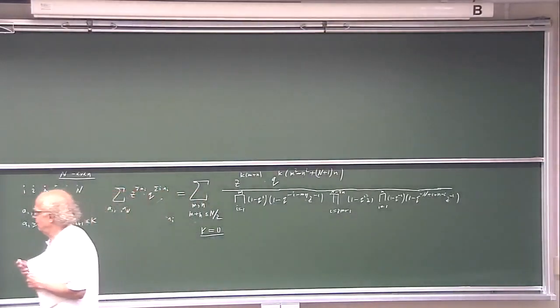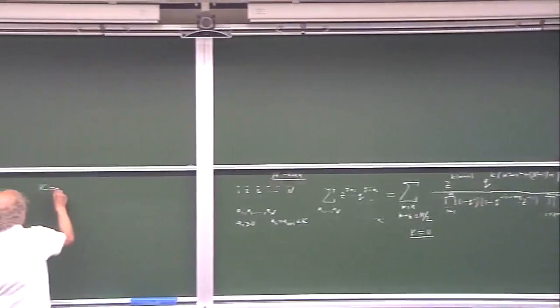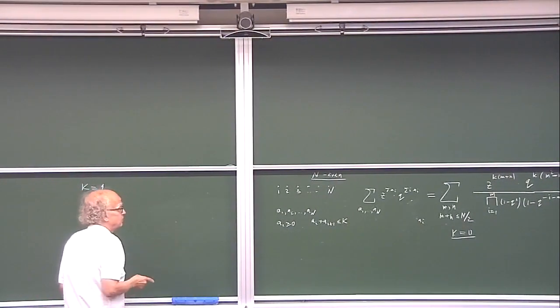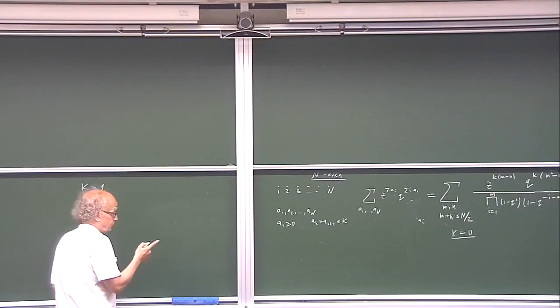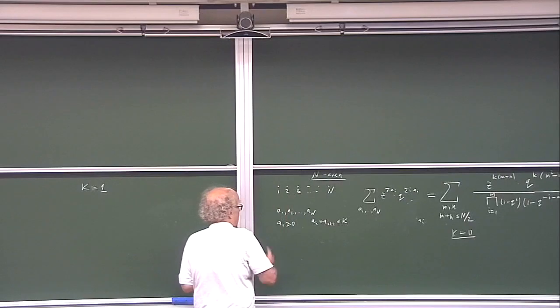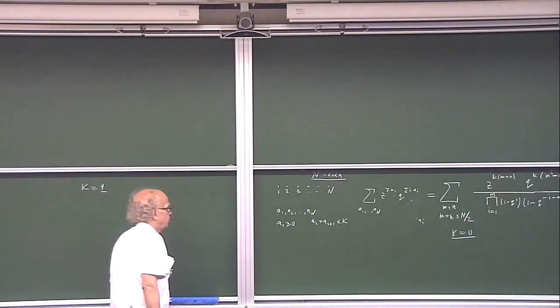Now, what is going on if k equals 1? They are labeled bases in what?